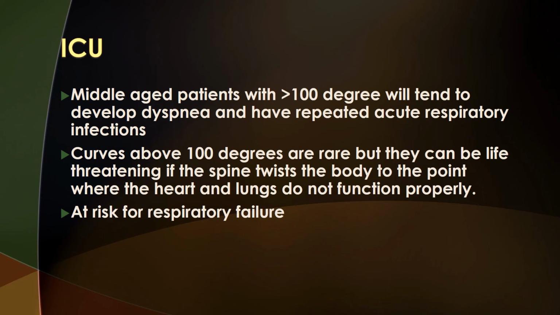Kyphoscoliosis is characterized by diminished chest wall compliance and impaired respiratory function that progresses to hypoventilation, hypercapnia, and chronic respiratory failure. Acute exacerbations can occur as well, particularly with respiratory tract infections that can rapidly worsen the patient's condition, followed by acute respiratory failure, for which ICU hospitalization is needed for invasive mechanical ventilation.